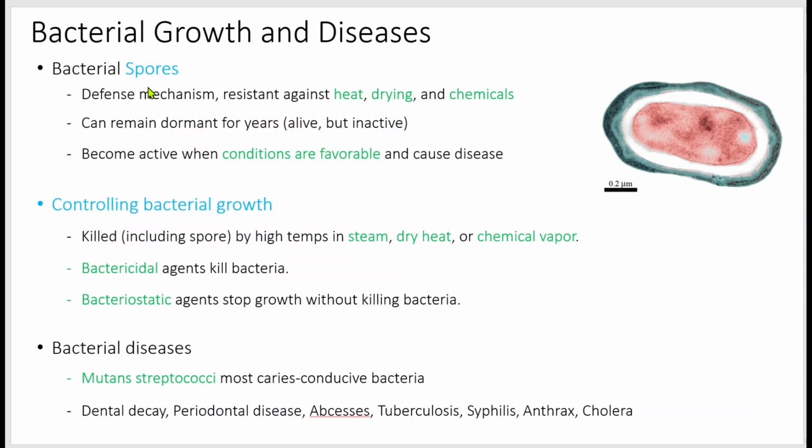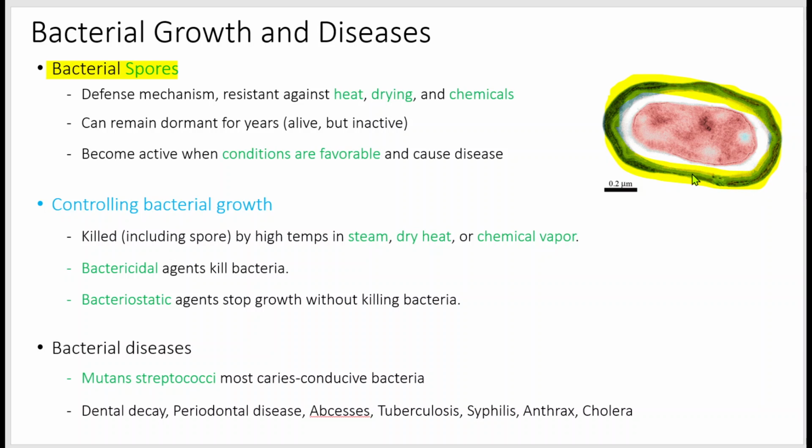One of the things that bacteria can do is form bacterial spores. We know we can kill bacteria regularly with some disinfectants and some other things. We can usually kill bacteria, but at the same time, bacteria can actually protect itself with a wall around the cell.